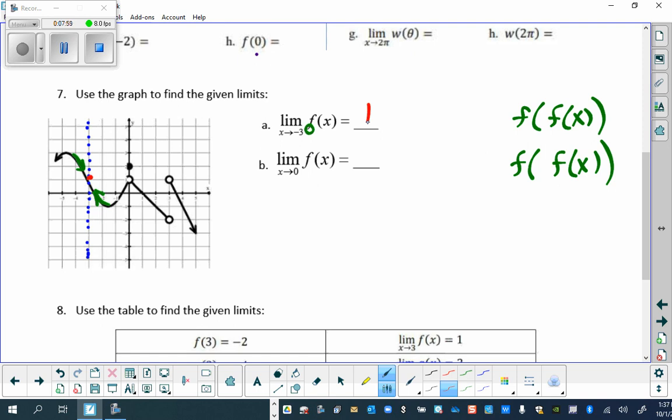But let's talk about it anyway. If I put negative 3 in for that x, my output is positive 1. So then I wind up finding the limit as x approaches positive 1. So as x approaches positive 1 from the left and from the right, that's why that one is 0. And that's what you can see on the key right next to it.